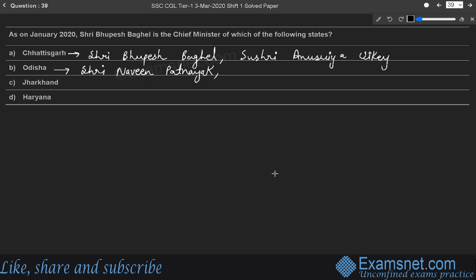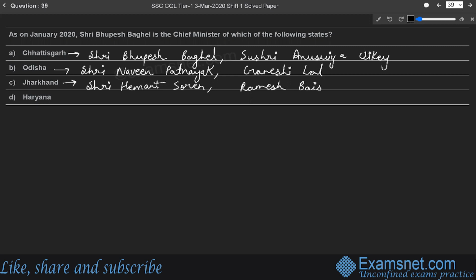And Governor of Odisha is Ganeshi Lal. Next option is Jharkhand. Chief Minister of Jharkhand is Sri Hemant Soren. And the Governor of Jharkhand is Ramesh Bais.